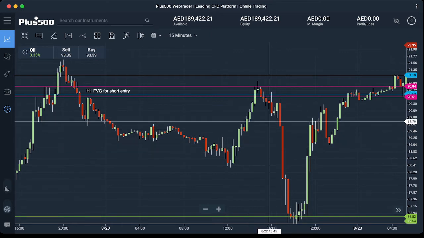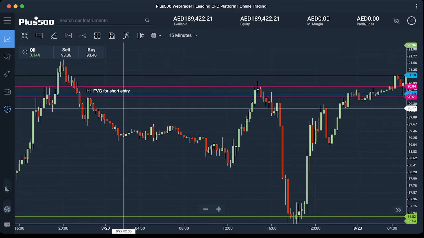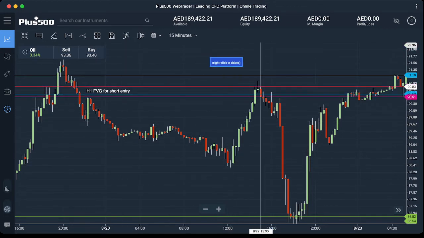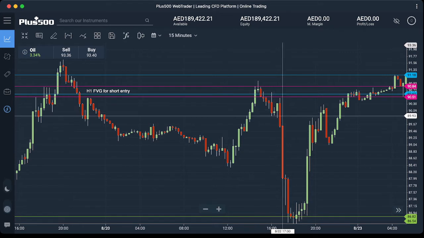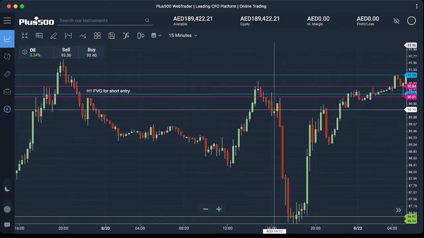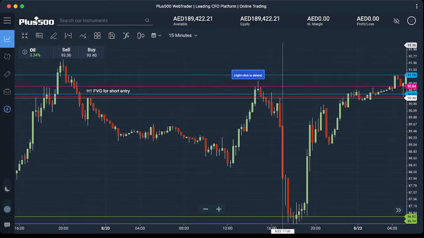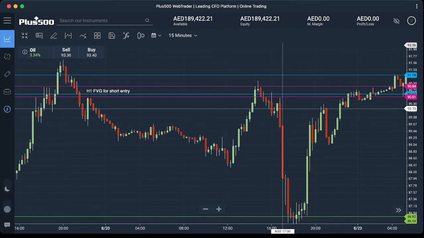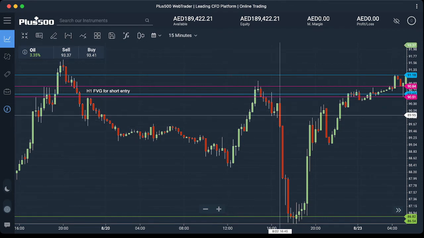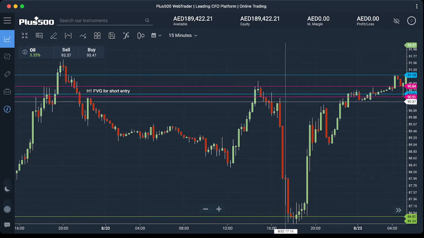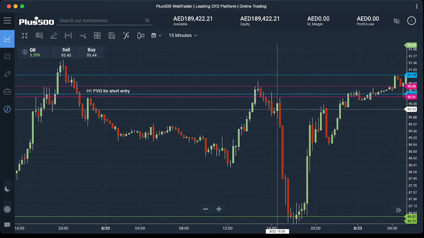So here we can see after this manipulation the price came down. Here it created the short-term low, and this short-term low was broken, and you can see this bearish candle is a strong bearish candle engulfing the previous candle.